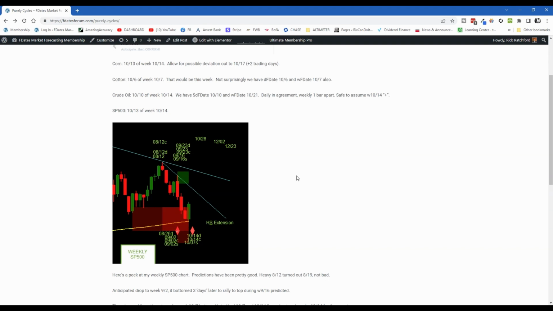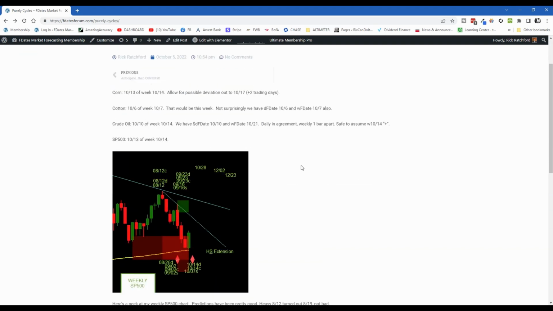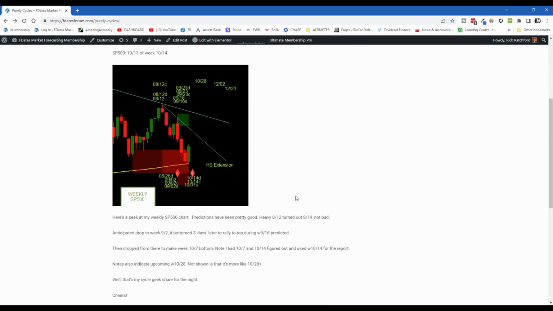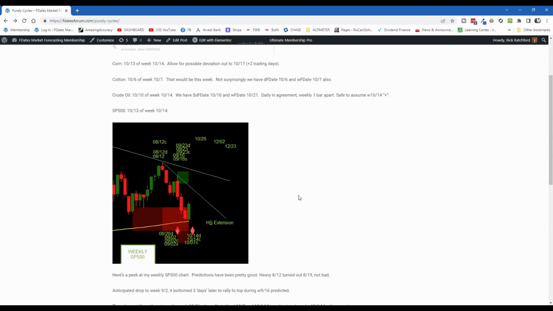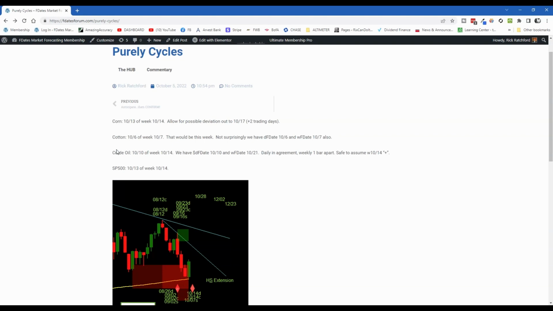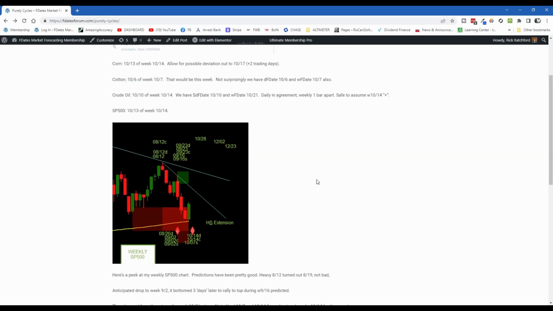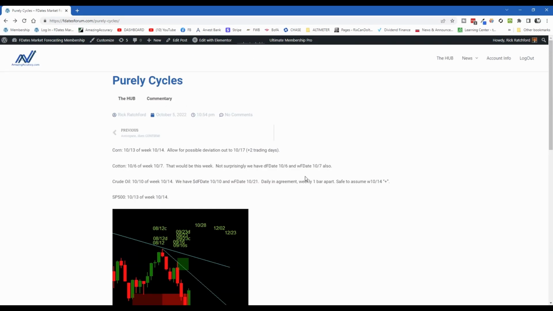But it's from years of experience in doing these market forecasts in my work with cycles and so forth. Cycles, seasonals, F dates, Gann, the whole gamut. And so here are some of the results I have for 4 markets: corn, cotton, crude oil, and SP500. So I'm going to share that with you all here.